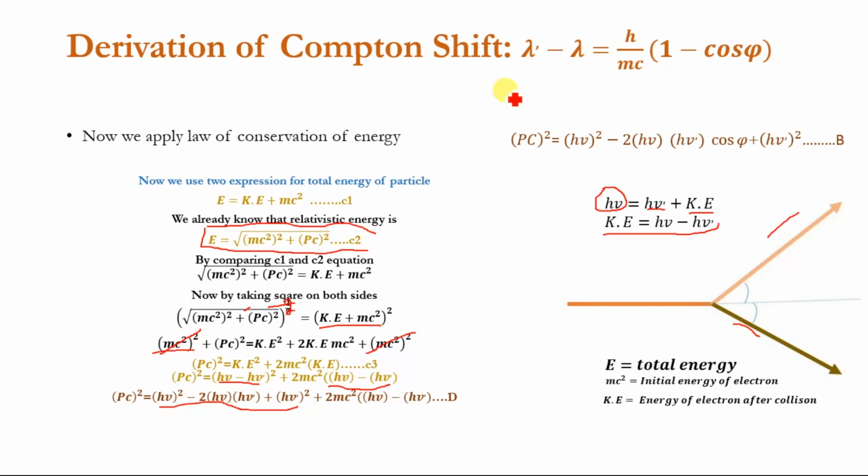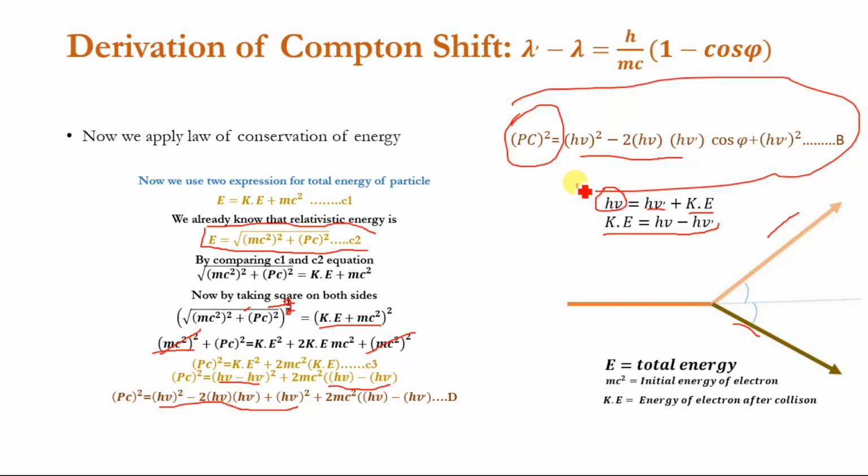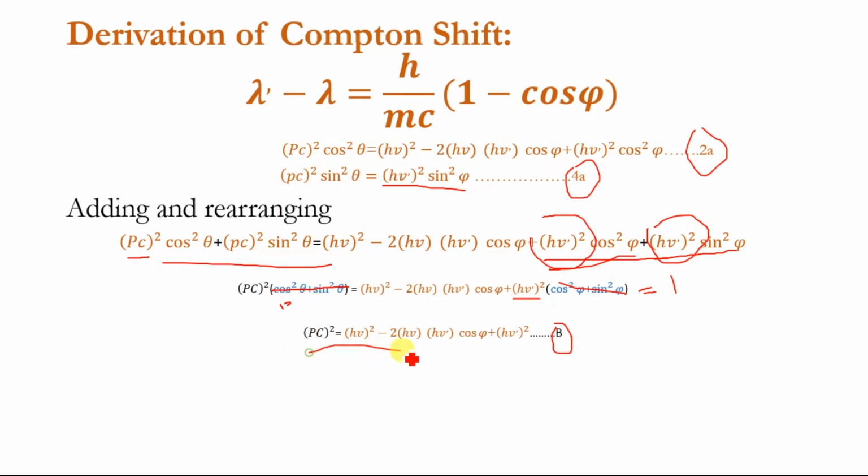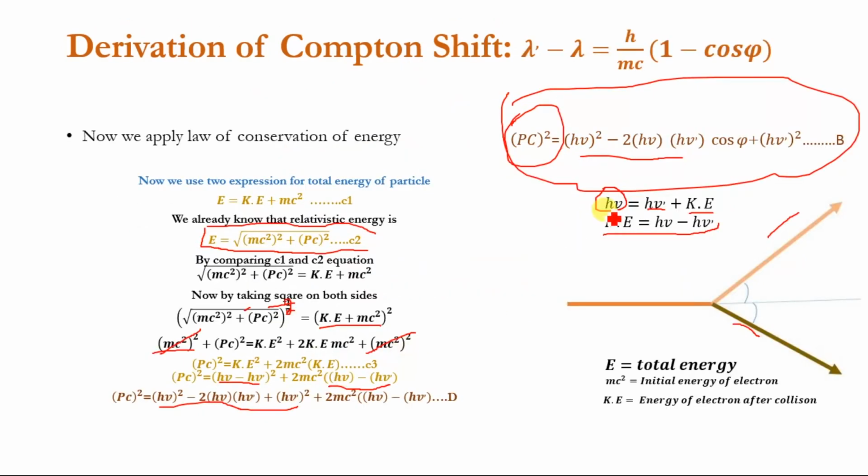Now we have one equation, pc whole square is equal to this one, which we have derived, and the second one was derived from the previous section, this one.